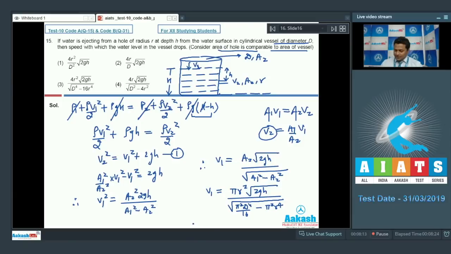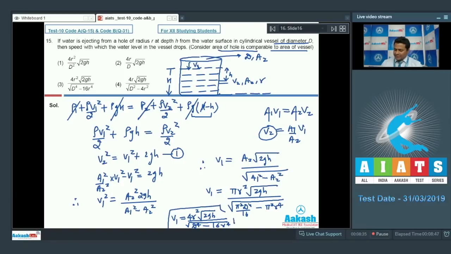And after solving, we will get the value of V1 as 4r square under root 2GH whole divided by under root d to the power 4 minus of 16 times r to the power 4.